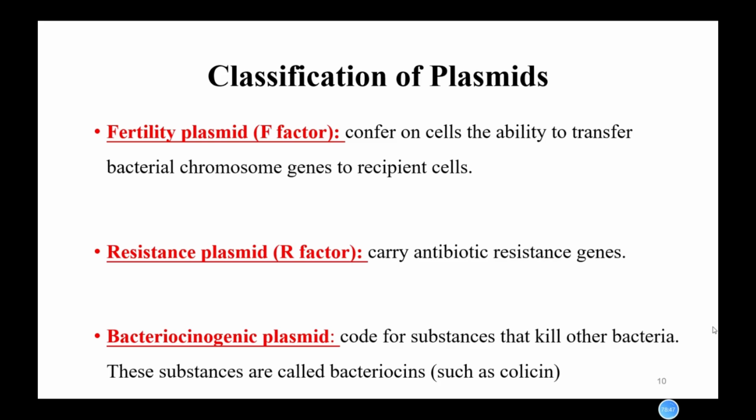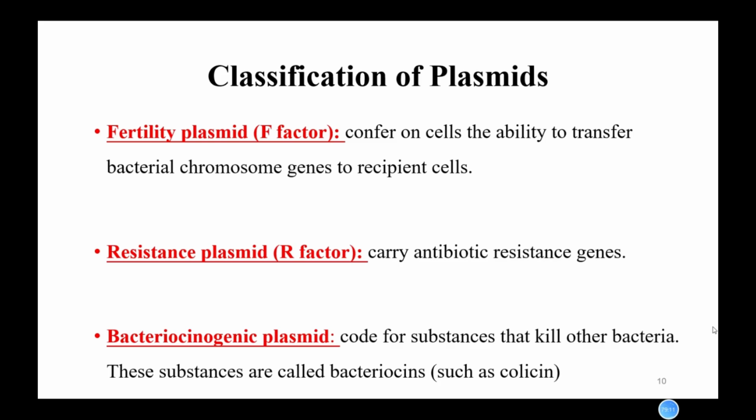Okay, bacteriocins. One example is the colicin. Bacteriocin is a substance which can kill other bacteria. But the bacteria they kill are related to them, like a relative to them. It's not a broad spectrum antibiotic.